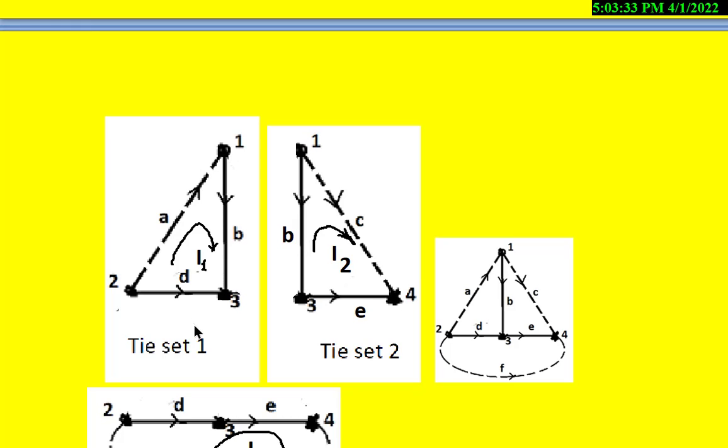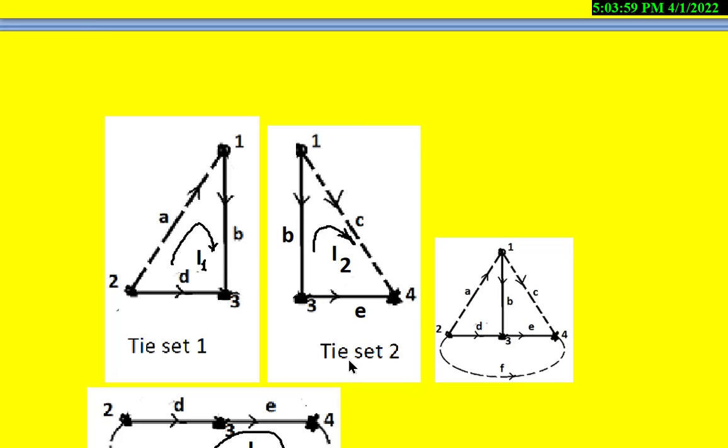So for Tieset 1, we get one link like this, that is between 1, 2, 3. We have the 3 elements. Out of that, element A will be treated as a link, whereas the other elements are thick lines, or they are called twigs. And the assumed current direction is I1, flowing in the clockwise direction.